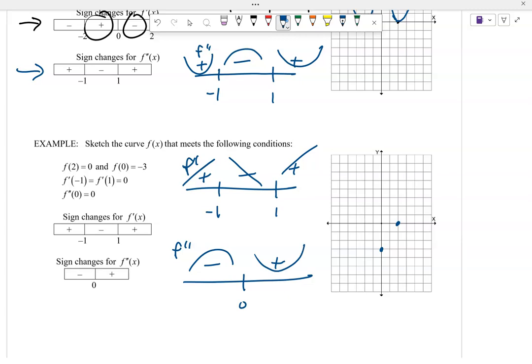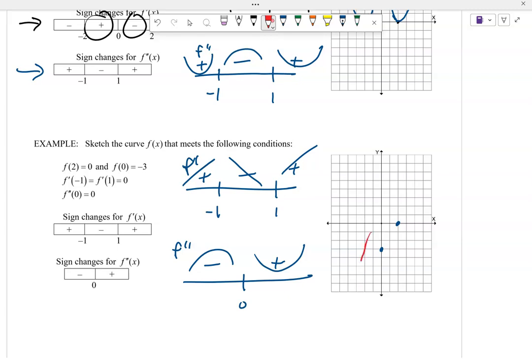All right, so let's start out. We're increasing to -1, and we're concave down until 0. So we're increasing to -1, maybe something like this.